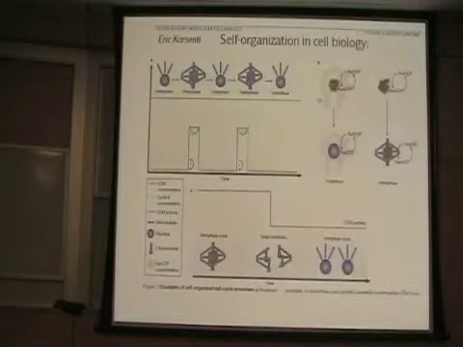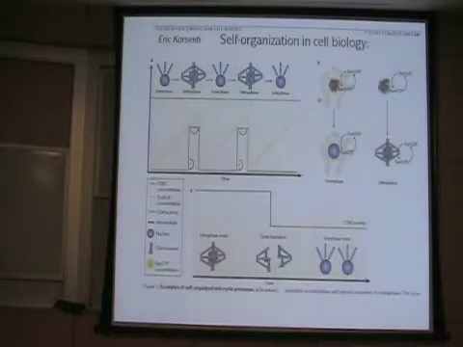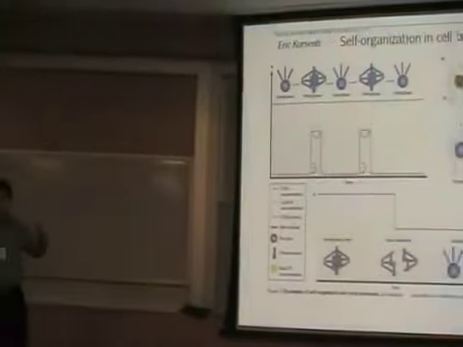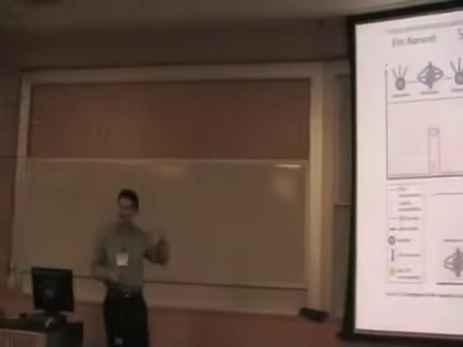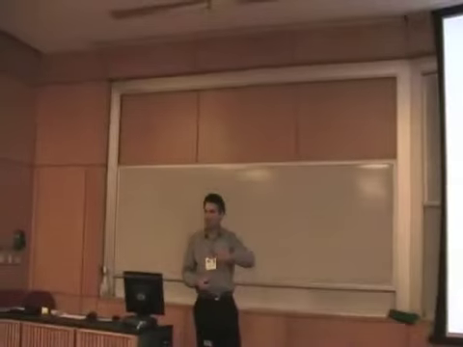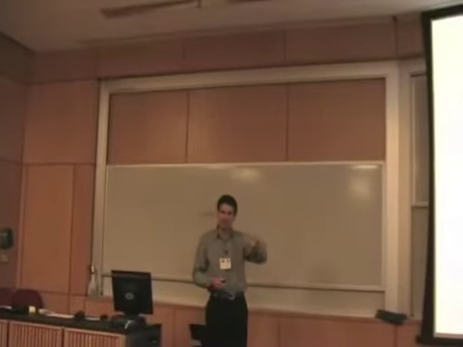The final direction that we're working on is trying to couple this oscillating chemical energy to a mechanical transformation. This is very biomimetic. This is how biology introduces a function into the cell.